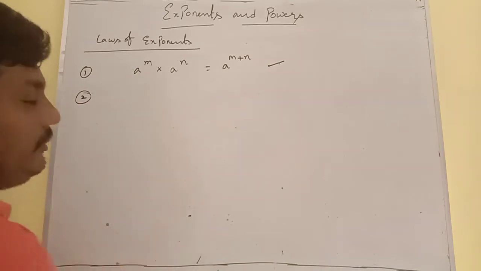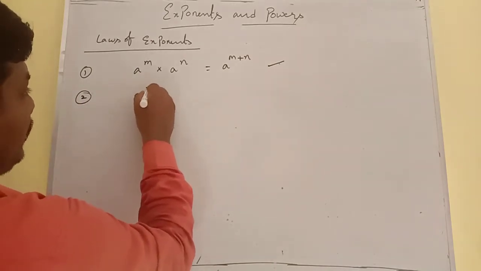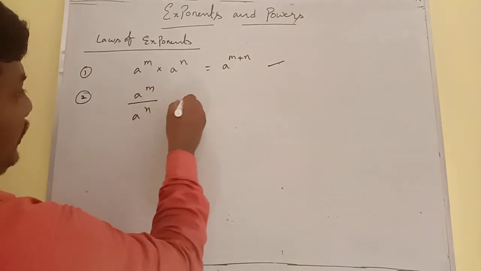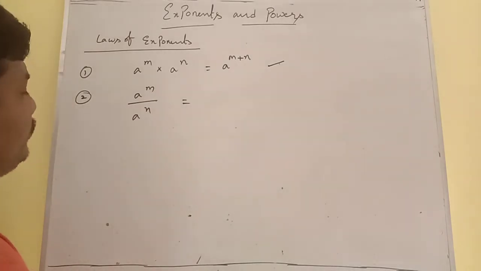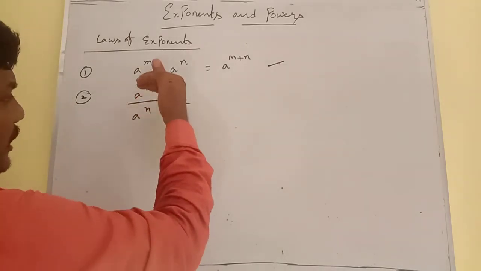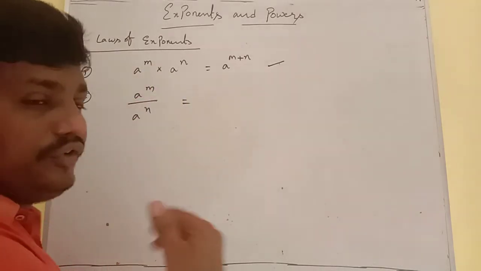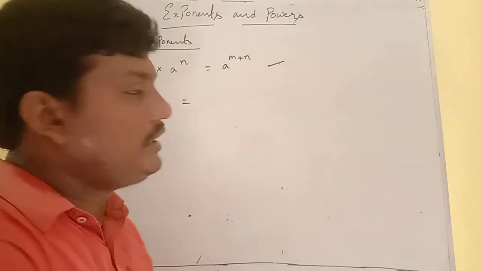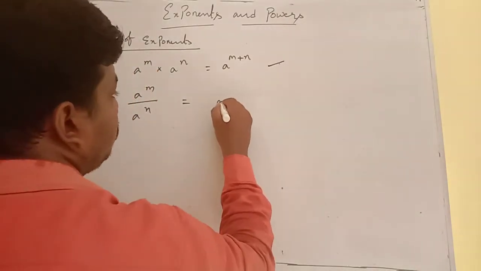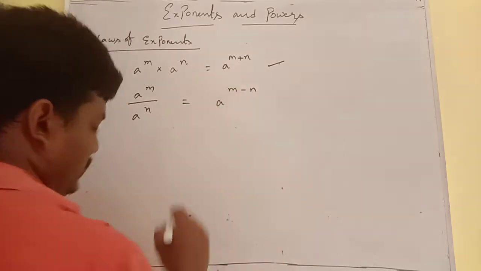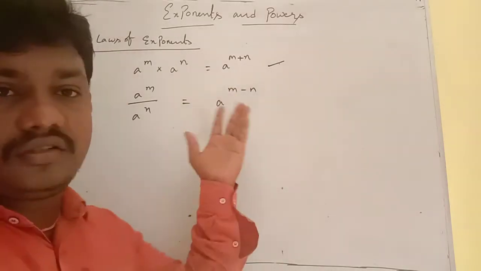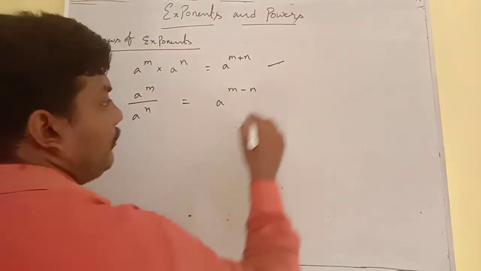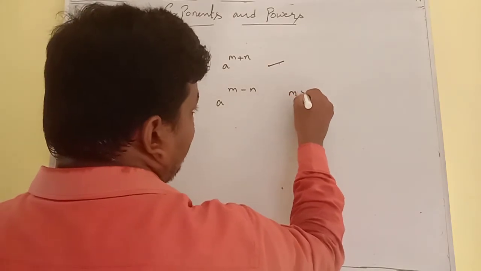Next, coming to the second formula, a power m by a power n. If exponentials are under a division condition, then the exponents will be subtracted. So we get the difference of their exponents as the power. In this case, m is greater than n.